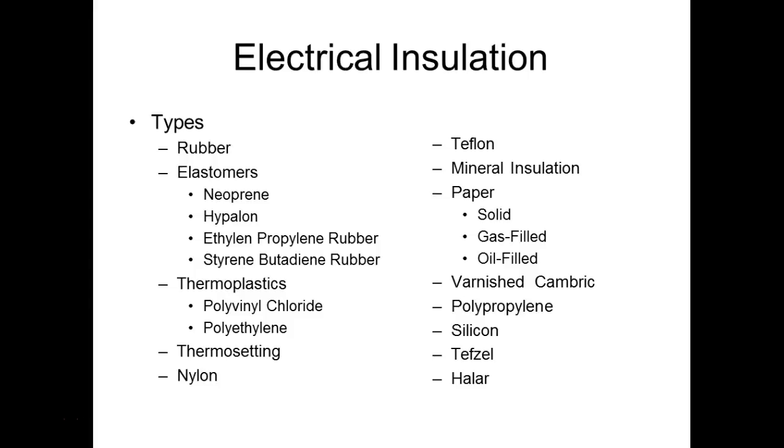In commercial and residential wiring, thermoplastic and thermosetting are the two most widely used. In communication cables, you're going to run into these other ones. So that's something you don't have to memorize.